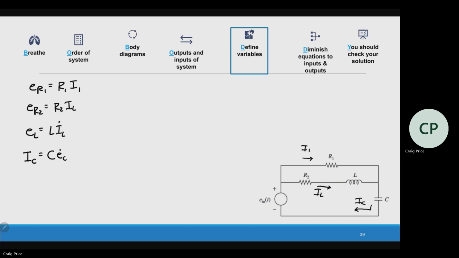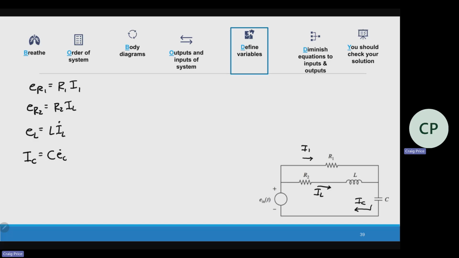Those all come from my equation sheet, I don't have to memorize it. Anytime I have an inductor or a capacitor, I write this down, since it relates current to voltage. These will be in my final equations because I should look for 2 first-order equations, and then we can try to get to a transfer function.